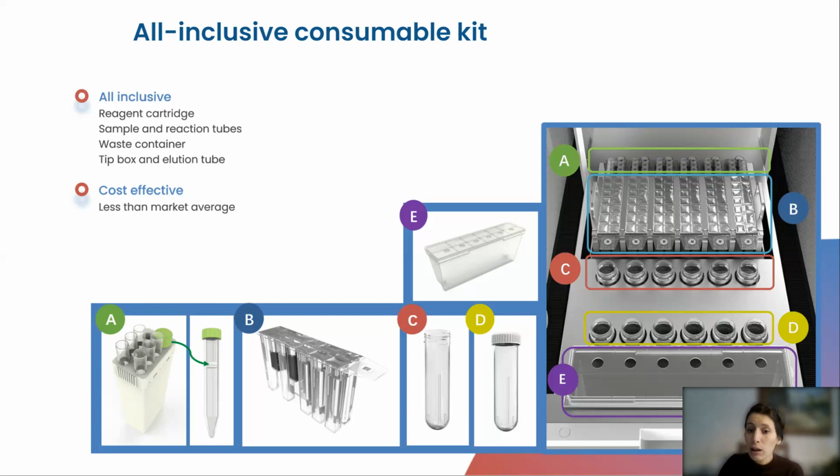So basically all-inclusive. The position on the right-hand side shows you the different compartments of where each consumable goes. I'm not going to go into that because of the time limitation, but of course, I'm happy to answer any questions later on.